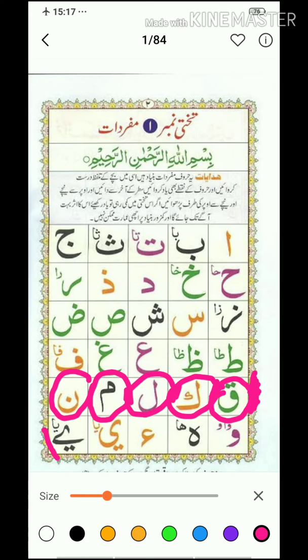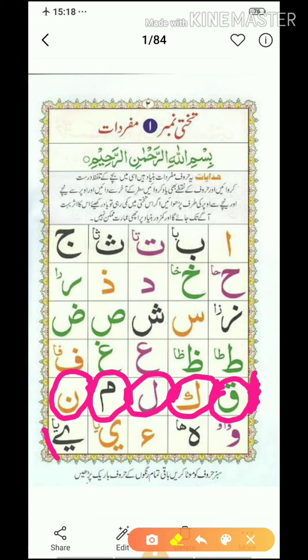The same here, we have Lam, Mim, Noon, meaning L, M, N. If we compare Noon with an English letter, we can compare it with N. Lam, Mim, Noon.